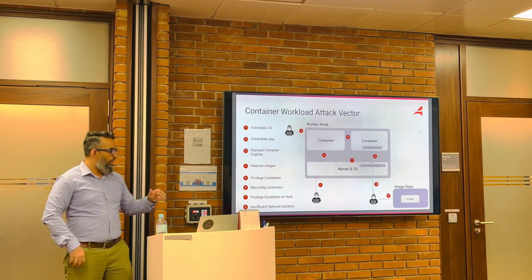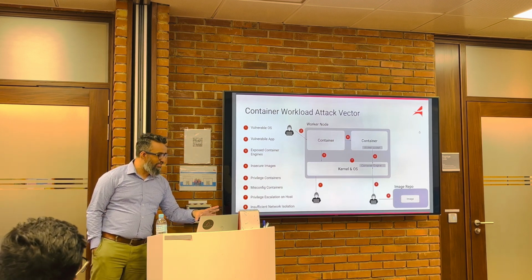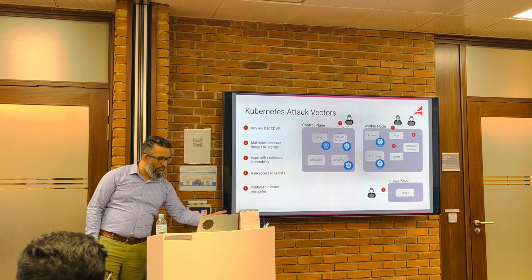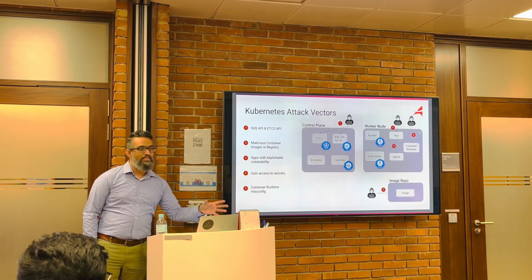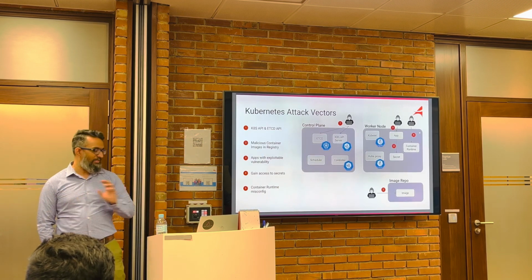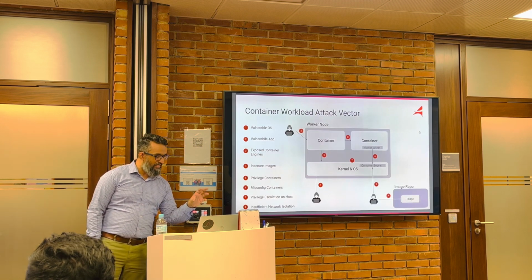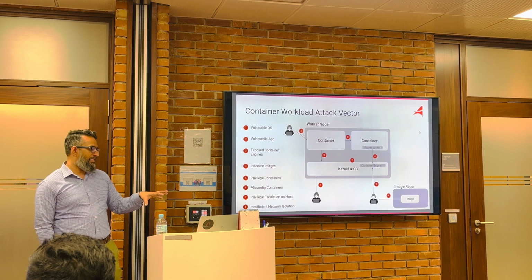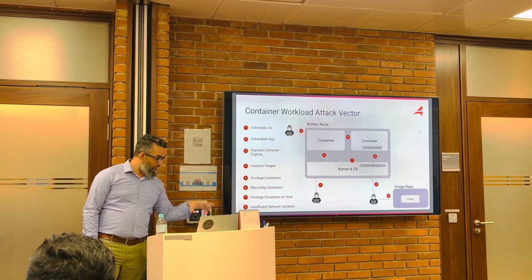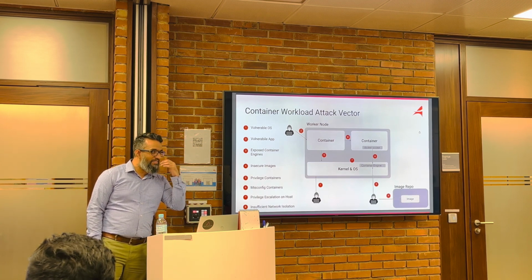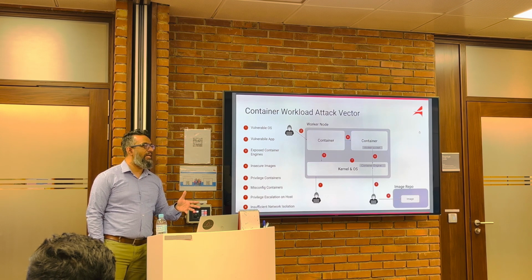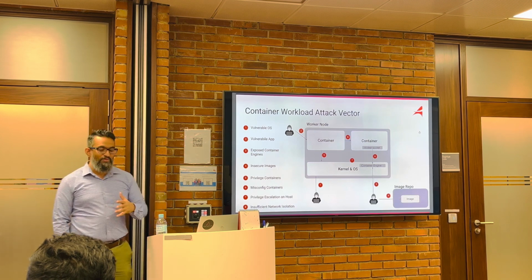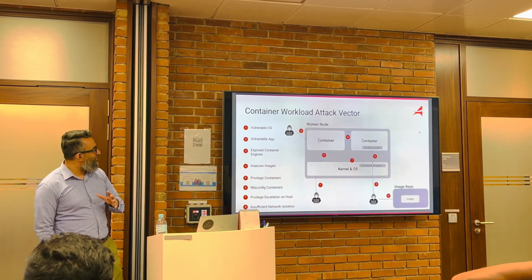Similarly, on a container workload, previously I spoke about the Kubernetes cluster attack vectors. In the container itself, you have multiple attack vectors as well. The first one is operating system vulnerabilities. If you have not patched them, you will have an entry point there.